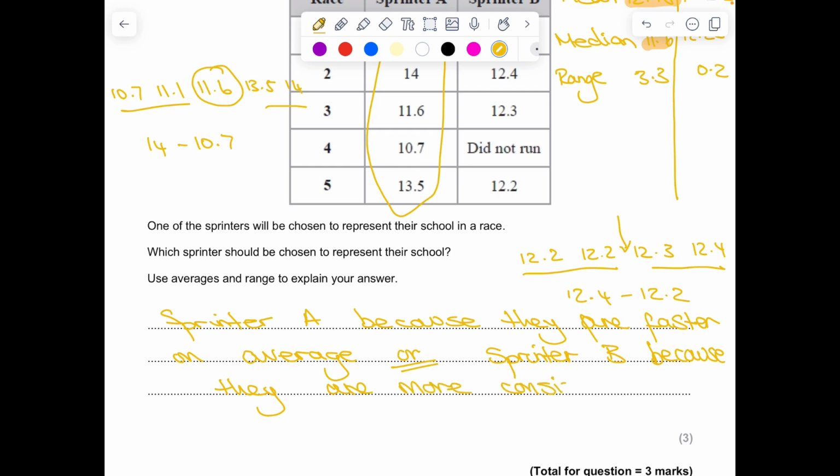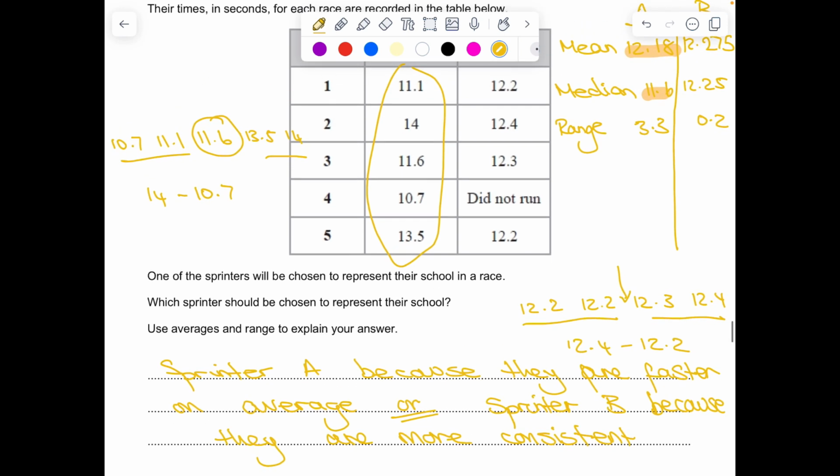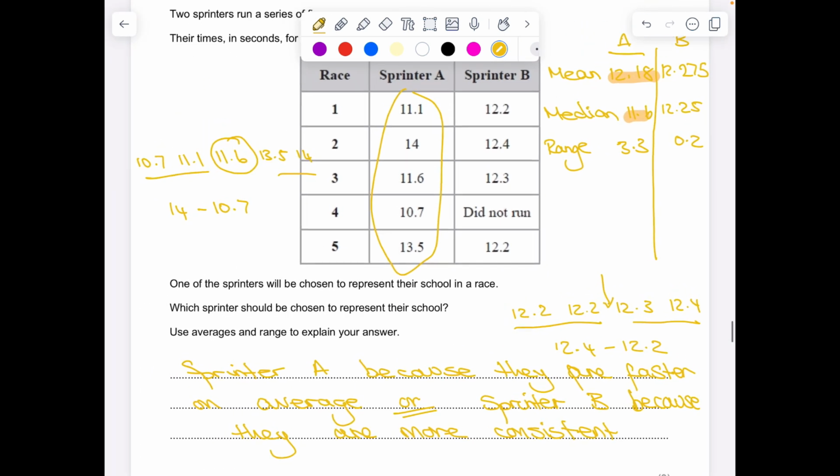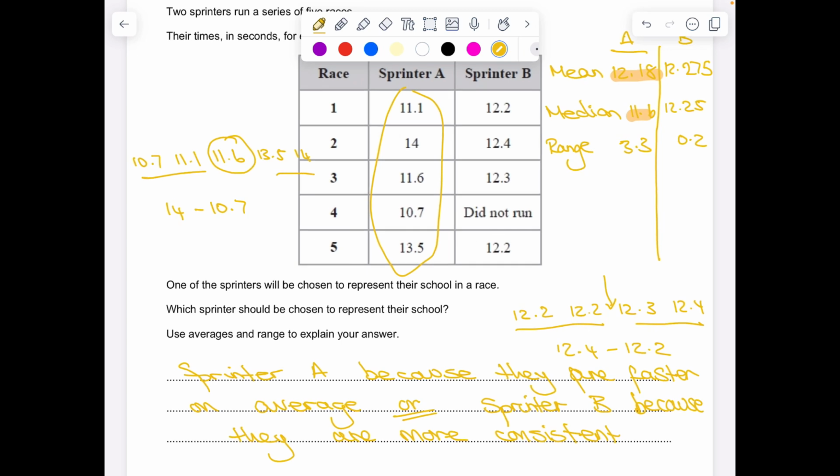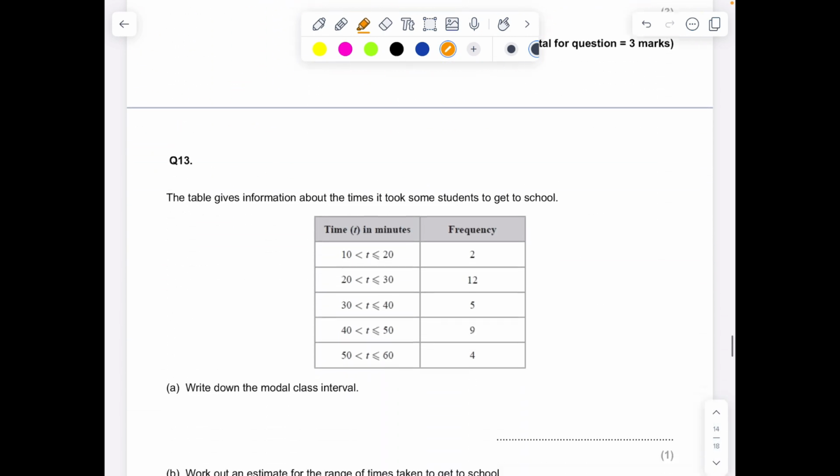And the reason you can tell they are more consistent is because you can see here that the range is lower on B, so it's much more consistent, whereas A, even though on average they're faster, they're not very consistent. Well, not as consistent as B. Okay, so either will do to get that final mark.